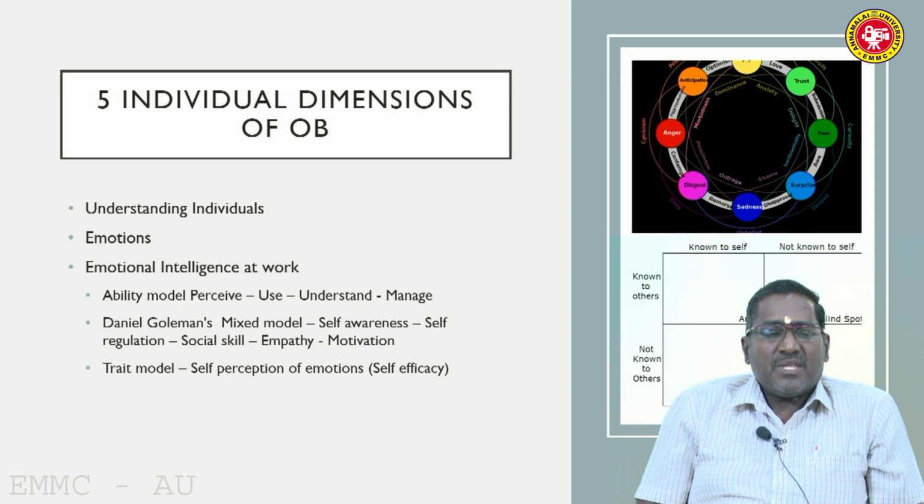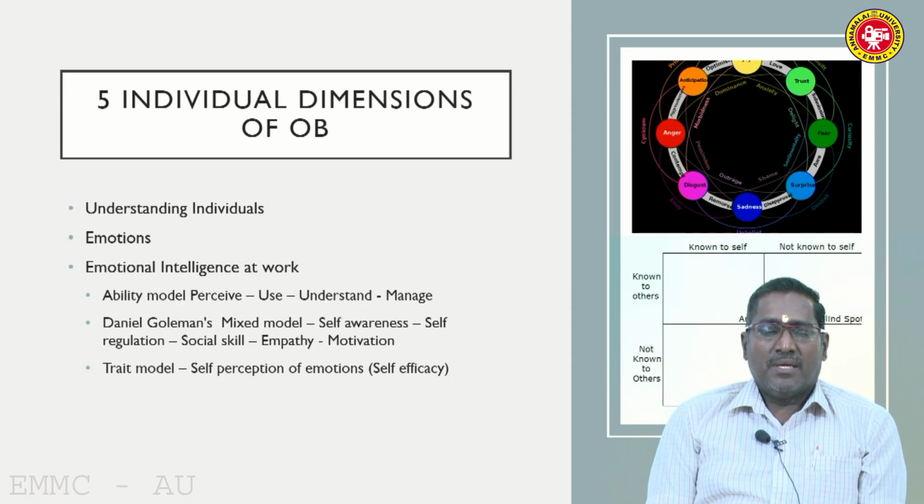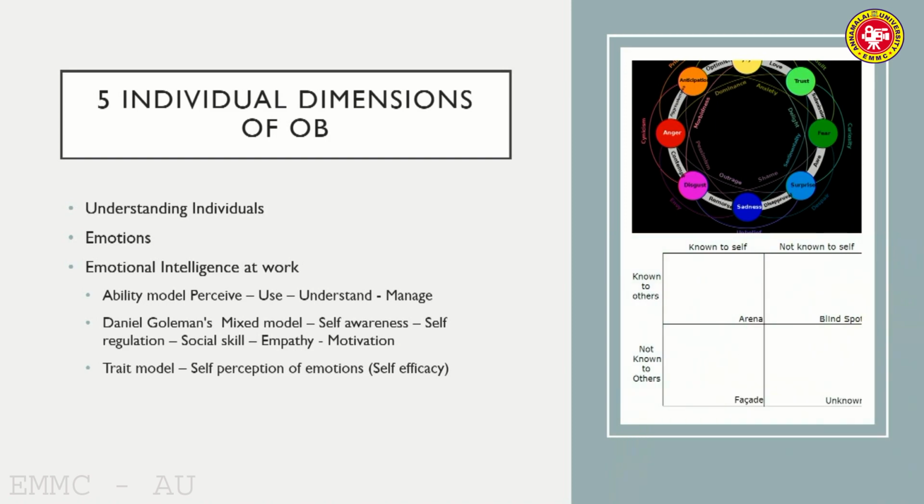And the individual dimension of organizational behavior is about emotional. As I told you about biological and emotional, the emotional component we study in a detailed manner, so that we call it emotional intelligence. And there are three sets of theories that talk about emotional intelligence.